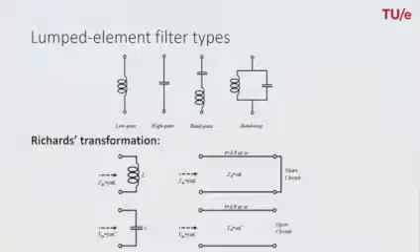Now, the procedure to design a filter is the following. First, design a lumped element circuit using LC components, then transform using Richards' transformation into a transmission line version.